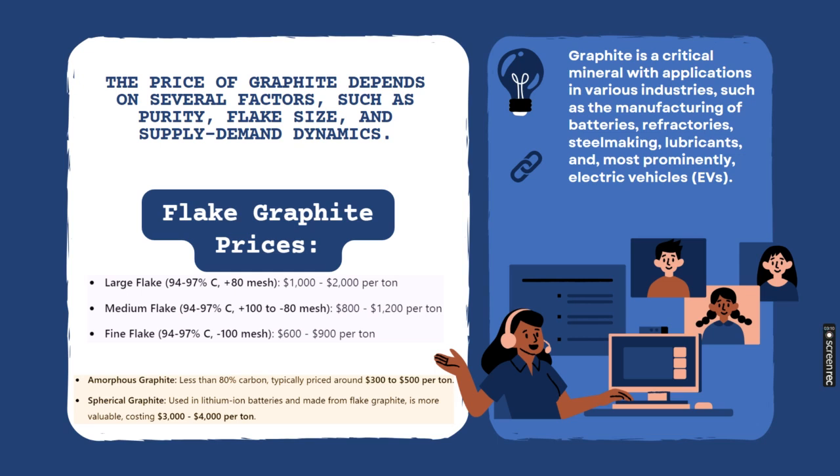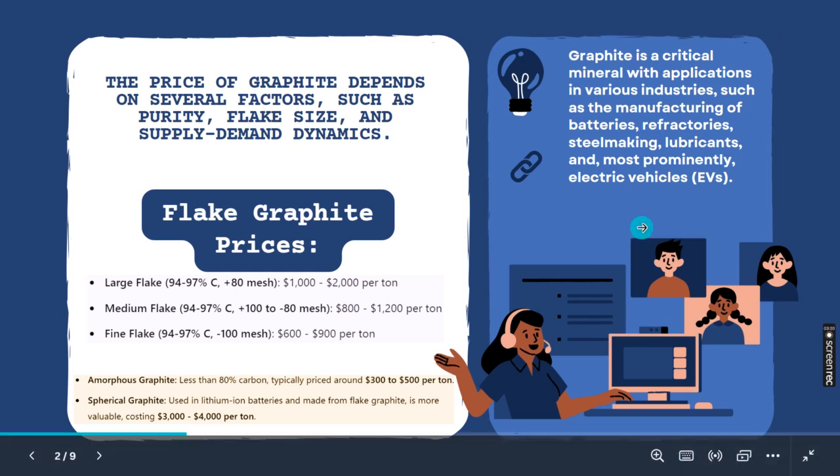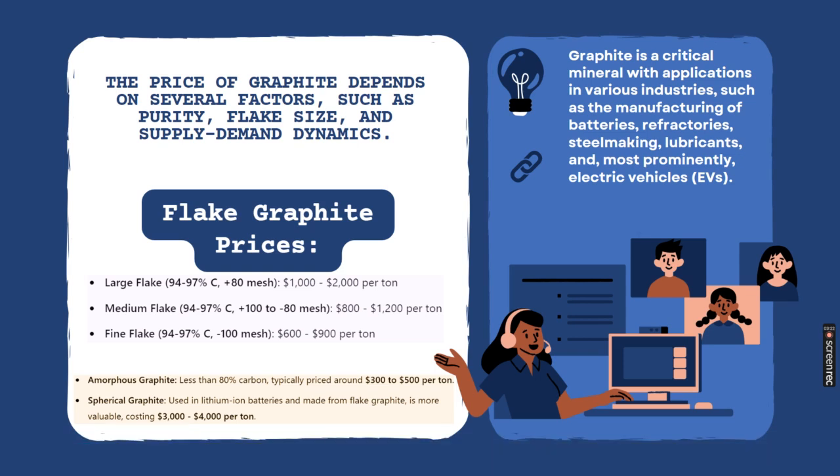And even if we imagine the least quality, that is fine flake graphite, then also you can achieve at least $600 per ton. So it is a high price, because if we see a small deposit size, I'll show everything, then you'll come to understand.